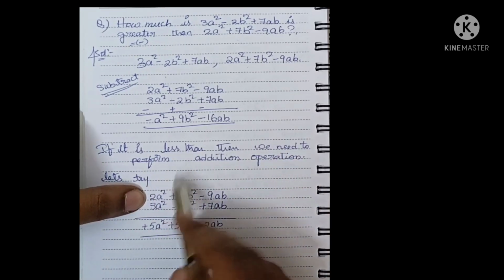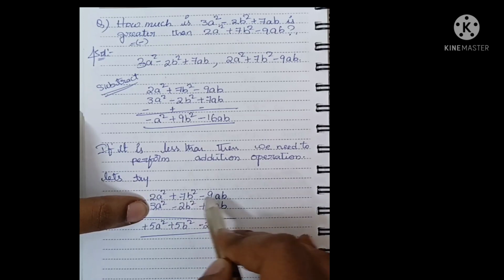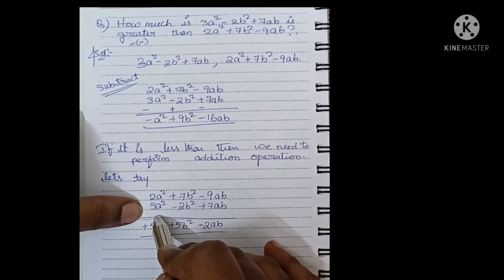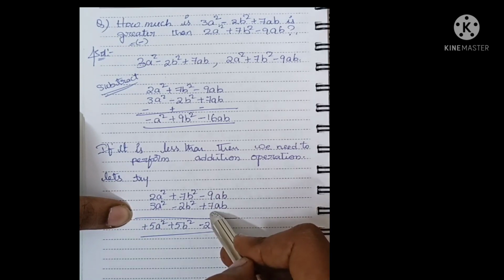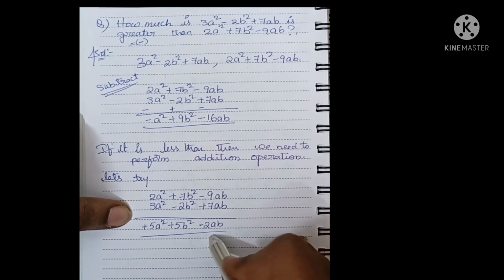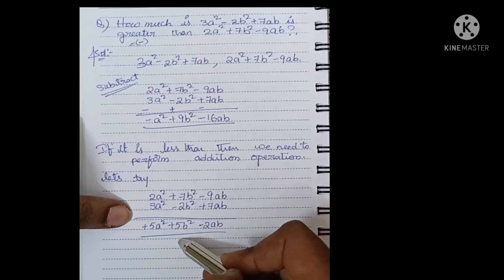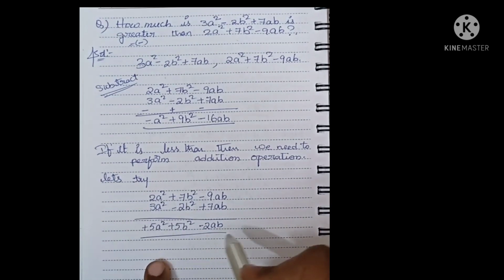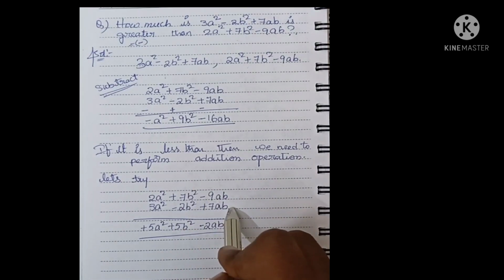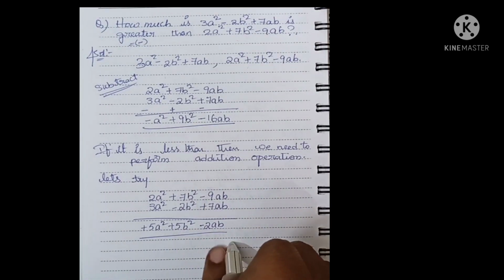Let's try that one. So 2a square plus 7b square minus 9ab, 3a square minus 2b square plus 7ab. So 9 minus 9, plus 7 minus 2, 7 minus 2 is 5, 2 plus 3 is 5. In this way we need to understand and solve the question.